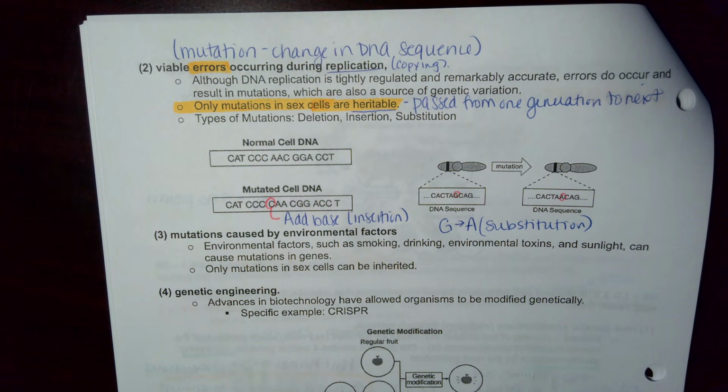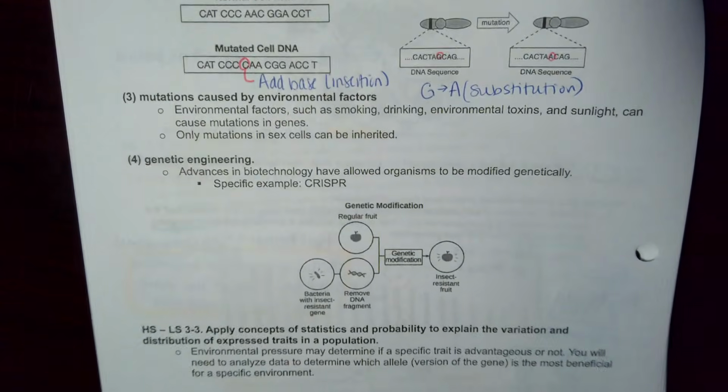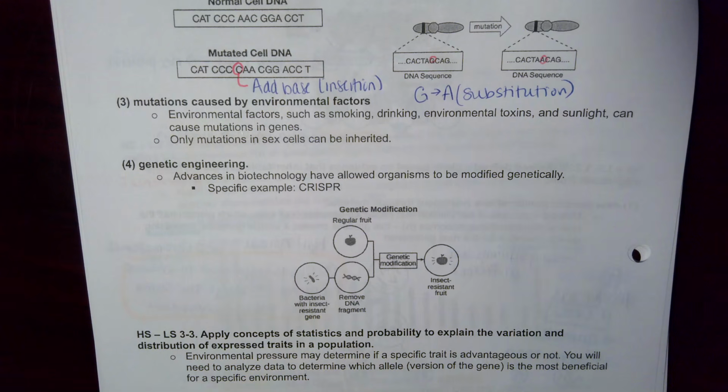Next up, we have mutations caused by environmental factors. These are really just like what bad things can you personally do that will affect your genes. So we've got smoking, drinking, environmental toxins like pollution, things in the water that you drink, things in the air that you inhale, sunlight. Those things can all cause mutations. Those might not be heritable, but they also could be heritable. It just depends.